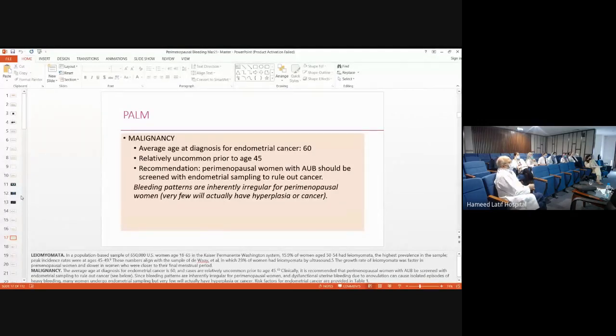Malignancy. When we talk of malignancy here in abnormal uterine bleeding, we are usually talking of endometrial carcinoma. But at the same time, one must not forget about the malignancies of other genital tract components like vulva, vagina, and cervix. Cervix particularly, because cervix would come as a second thing.